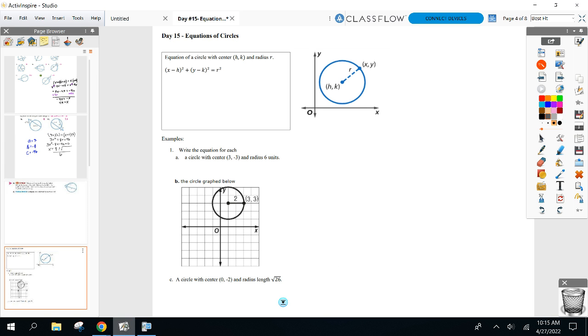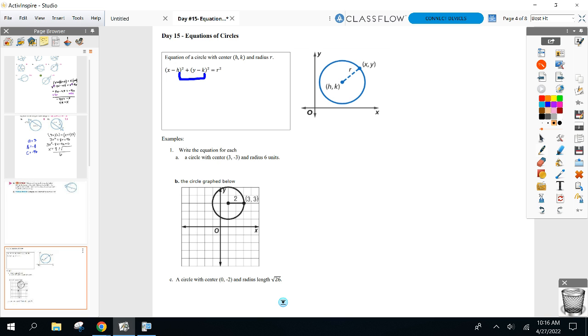Equation of a circle. It looks pretty involved, but it's not that intimidating, though. X minus h all squared plus y minus k all squared equals r squared. That's the basic equation of a circle. There's two parts I need you to be worried about. You're going to plug something in for h and k.